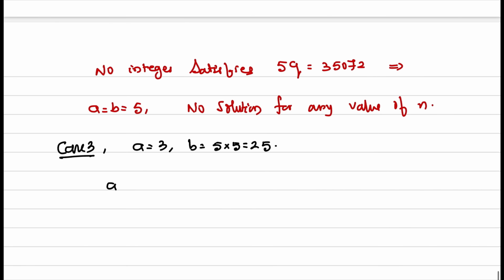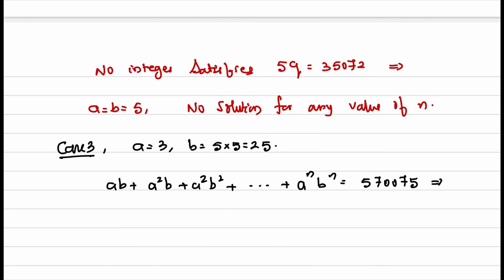What is the series? AB plus a square b plus a square b square plus so and so plus a to the power of n b to the power of n is equal to 570075.